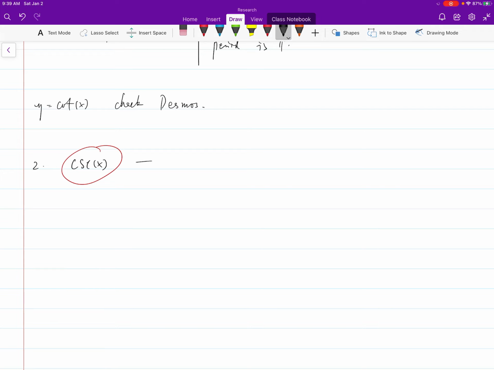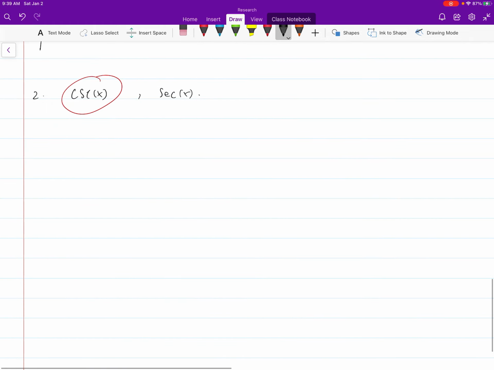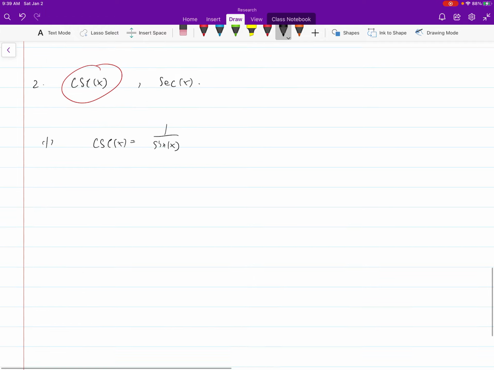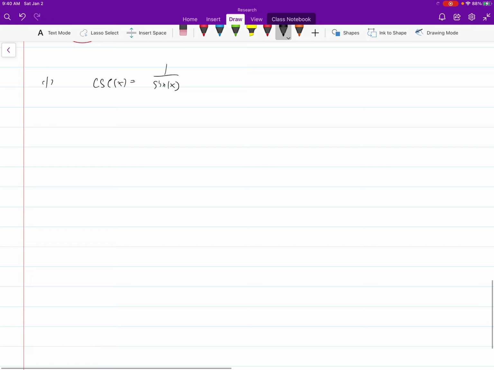All right. The second thing, we have cosecant and secant. Again, we go over cosecant. For secant, you go check Desmos, following the same logic, and try to see if you can draw it on your own. So what is cosecant? Well, we don't even have to do anything, because it's basically the same as sine, but flipped.